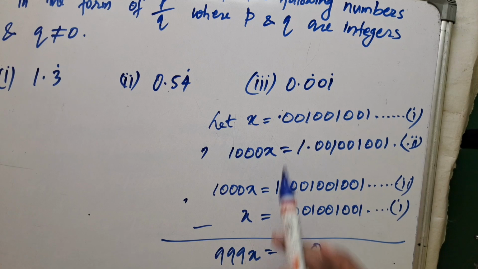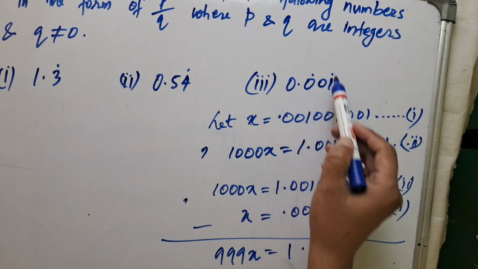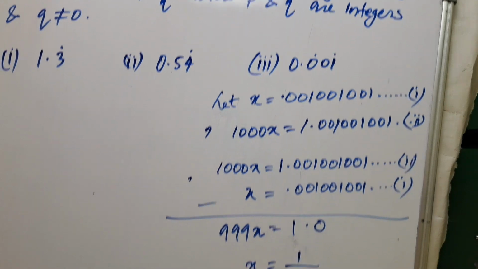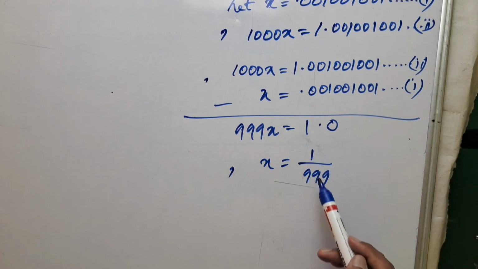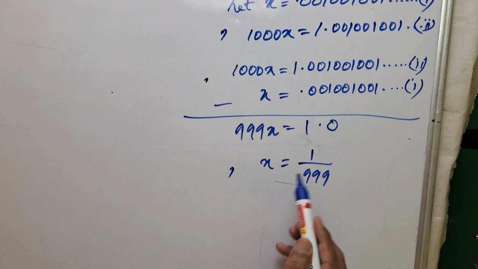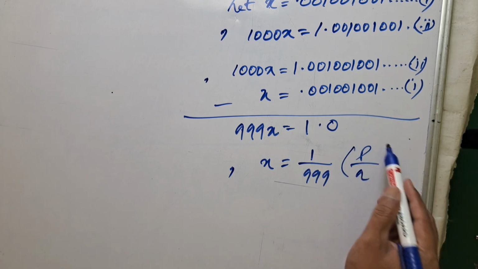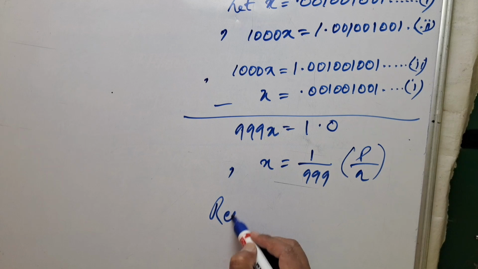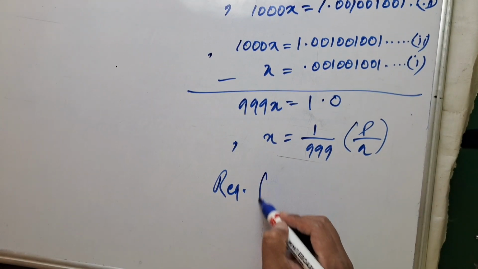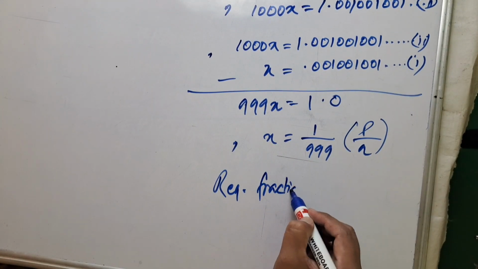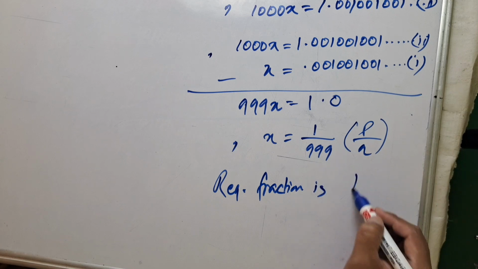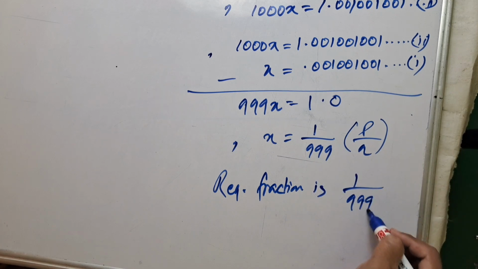The P upon Q form of this decimal rational number is 1 upon 999. P is 1 and Q is 999. So the required fraction is 1 upon 999.